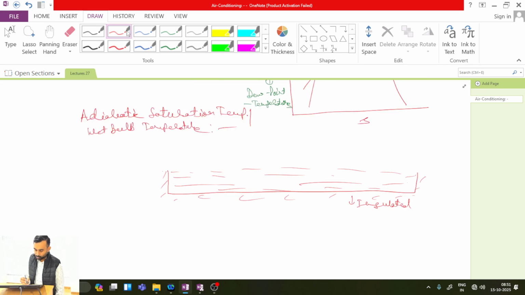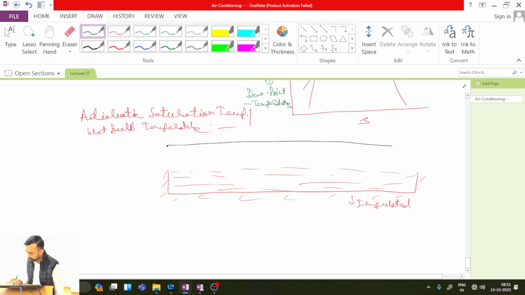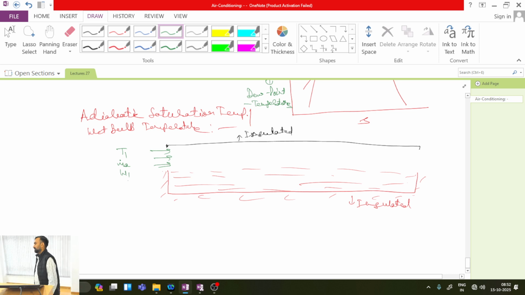And over this pool, I have a duct. This duct is also well insulated. Over this pool, I am allowing air to flow at some temperature T1, mass flow rate of m dot A, and humidity of W. Is this one clear?